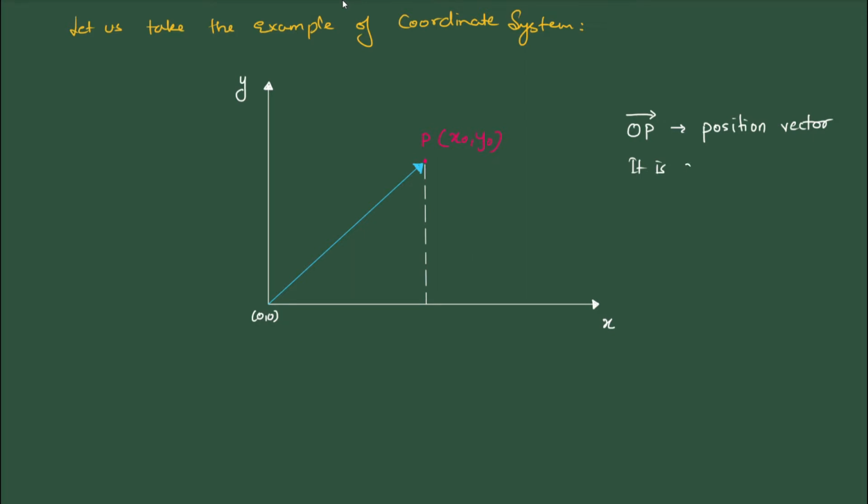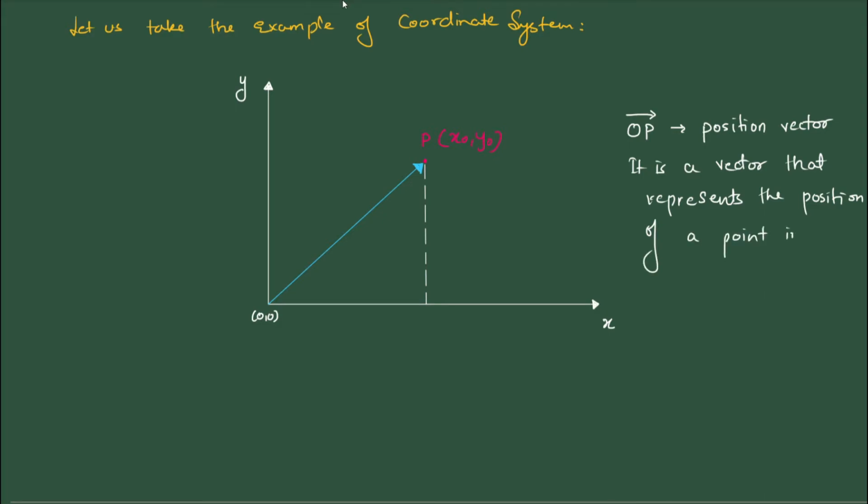It is a vector that represents the position of a point in a coordinate system with respect to the origin.